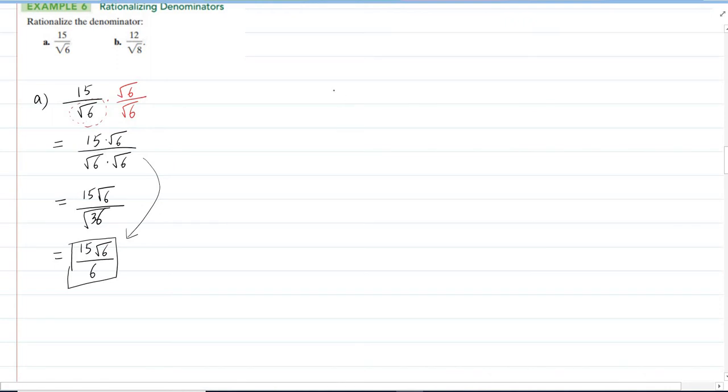Alright, let's work on part B. Part B, we have 12 over square root of 8. Again, with a question like this, we're just going to multiply by whatever is your denominator, square root of 8 over square root of 8. That'll give us 12 square root of 8 over square root of 64.